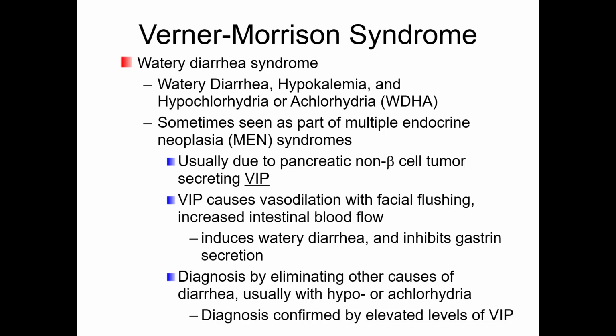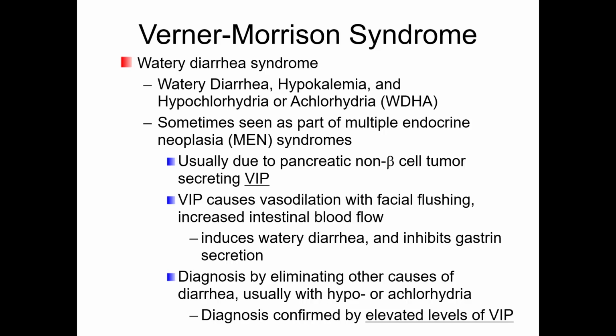Werner-Morrison syndrome, a watery diarrhea syndrome: watery diarrhea, hypokalemia, so low potassium, and hypochlorhydria or achlorhydria, sometimes seen as part of multiple endocrine neoplasia or MEN syndromes, usually due to a pancreatic non-beta cell tumor secreting VIP.